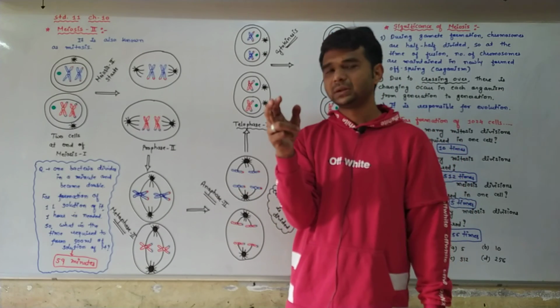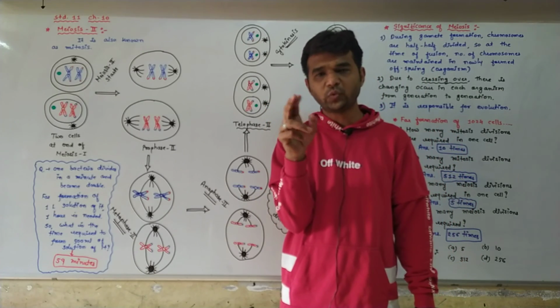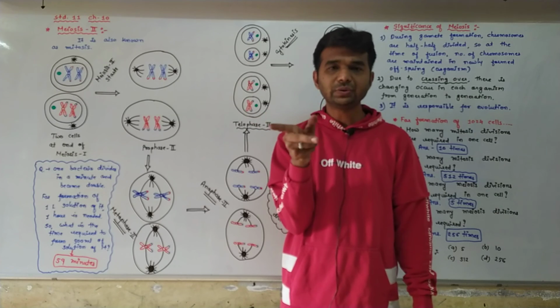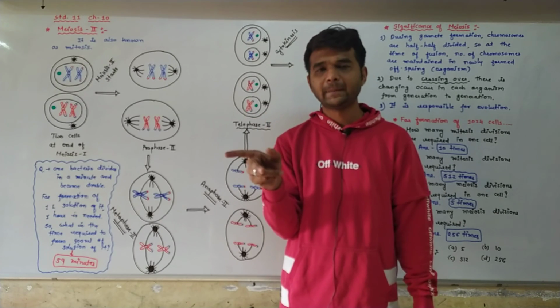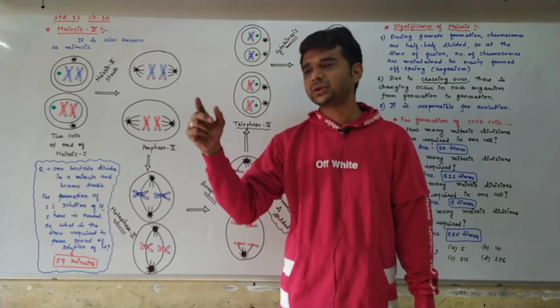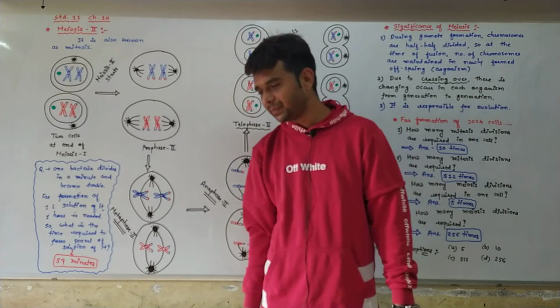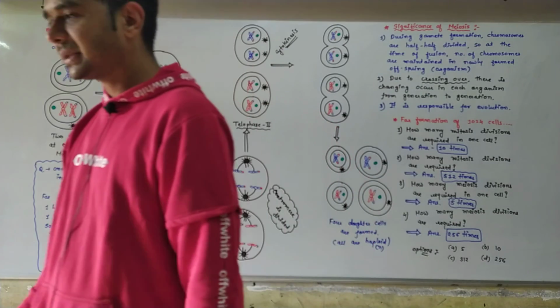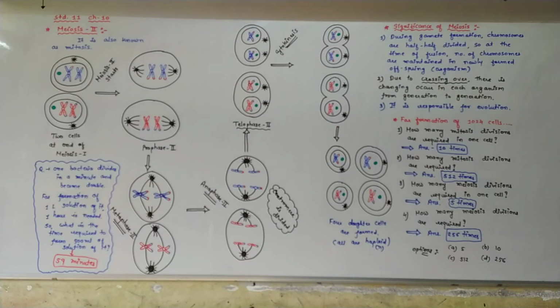So after the 60th minute, at the 61st minute 2 liters, at the 62nd minute 4 liters and so on. So this type of MCQs is asked in the NEET exam. Fine. So I hope you understand this meiosis division and these few MCQs.